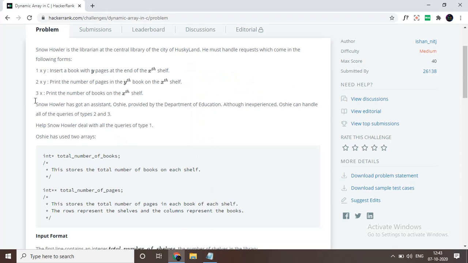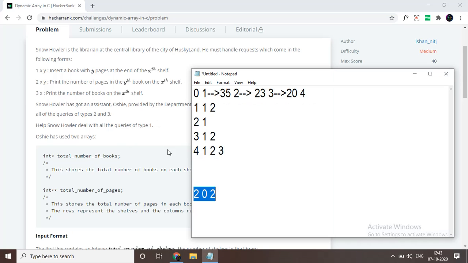Okay, then the next one, 3 x: number of books in the x shelf. For example, it is 3 and 2. How many books are in the second shelf? Here 1 and 2. That means 2 books are in shelf 2. We have to print 2 as the output here.